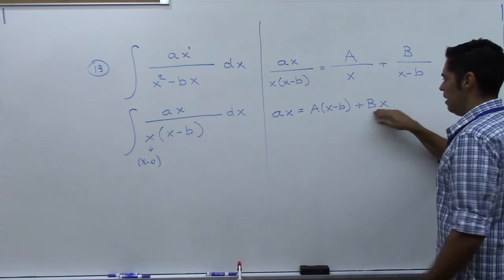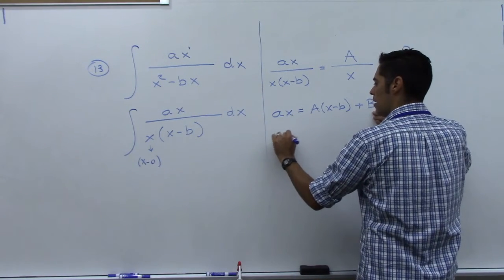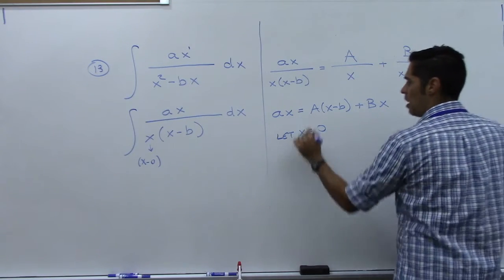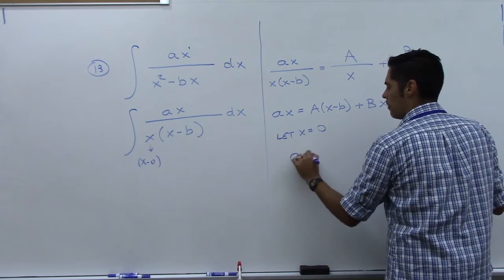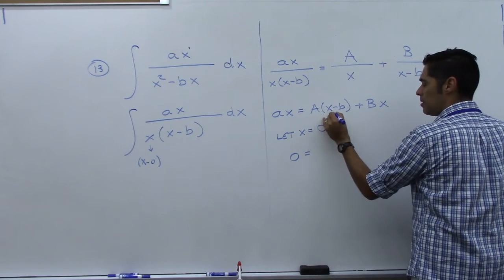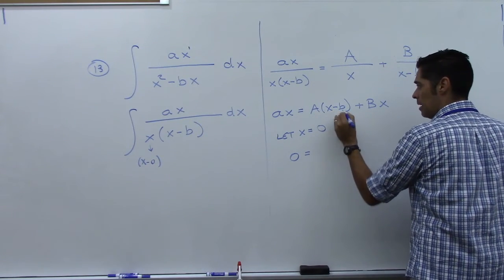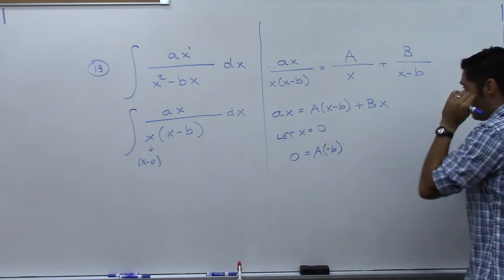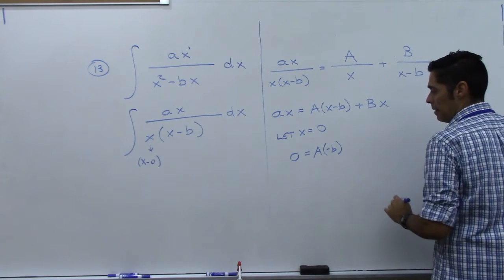Now, let's use the short technique, all right? To kill off that term, I'm going to let x be 0. If x is 0, the left side is 0. This is A times 0 minus b, which is A times negative b. And then over here, we know that that went away.